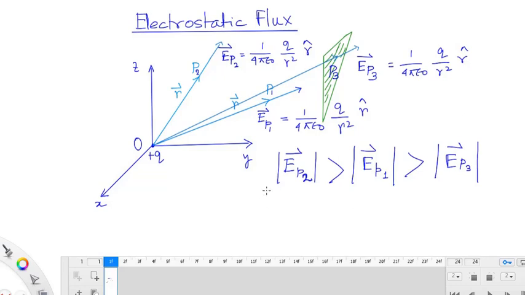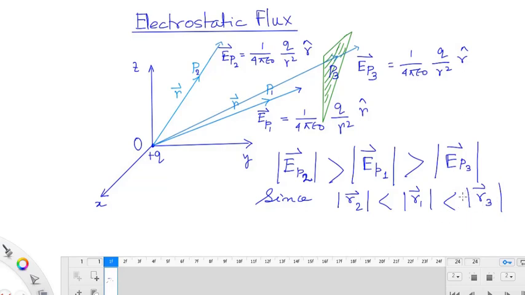Why? Since the magnitude of R2 is less than the magnitude of R1, which is less than the magnitude of R3. Look at the geometry, right? And this comes in the denominator.